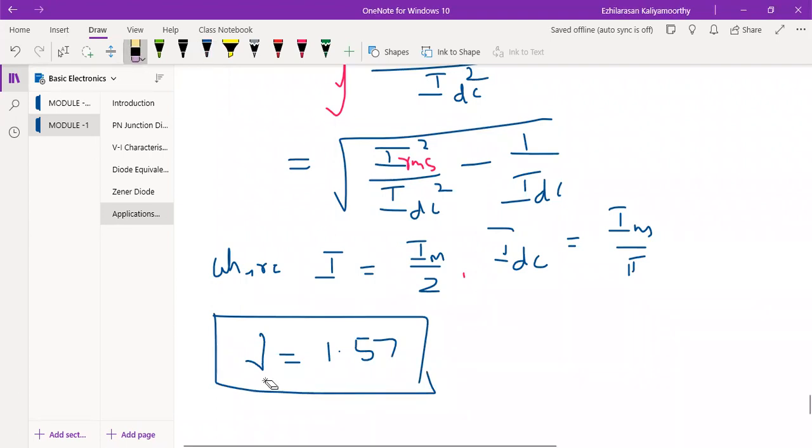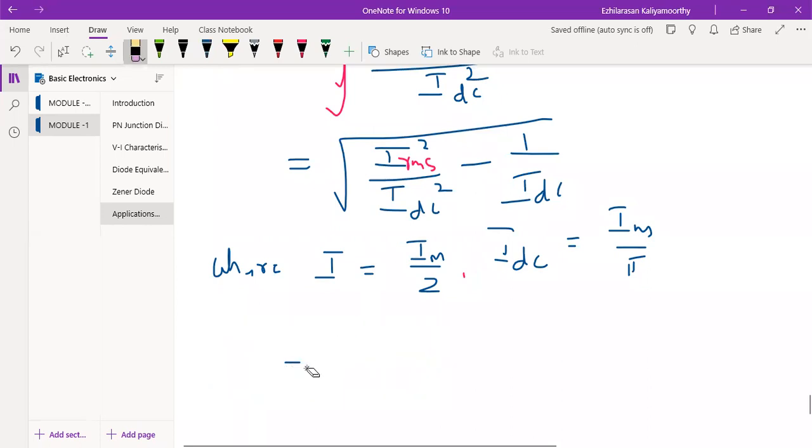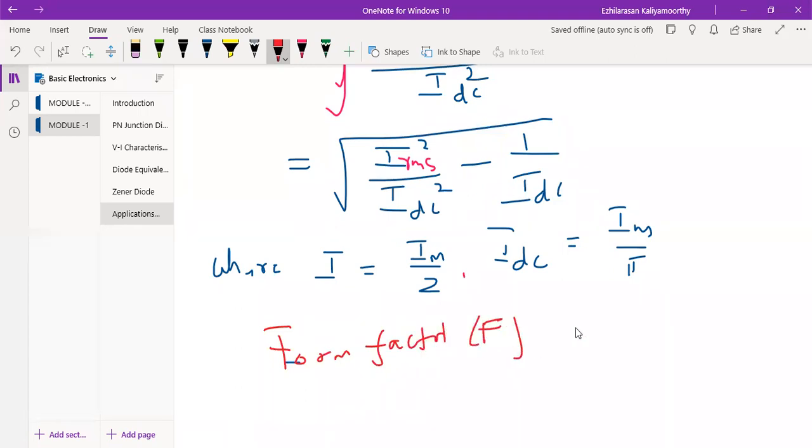Not gamma, sorry, mistake I made. Here, I by IDC is the form factor. One more factor you need to know is the form factor, denoted as F. That is IRMS divided by IDC.